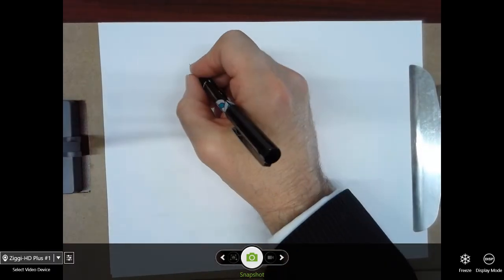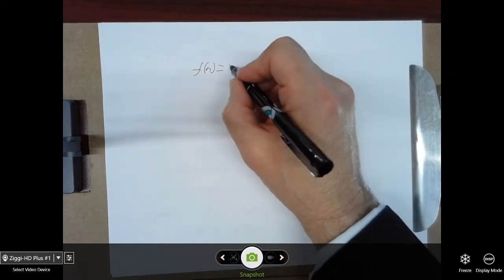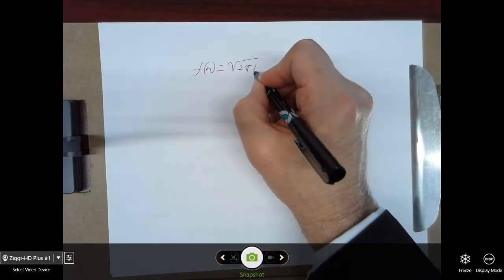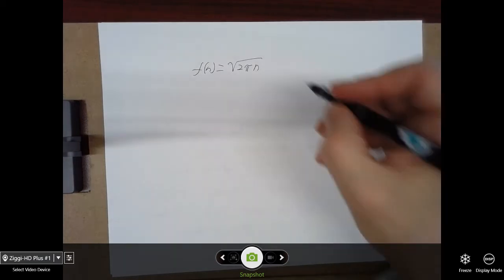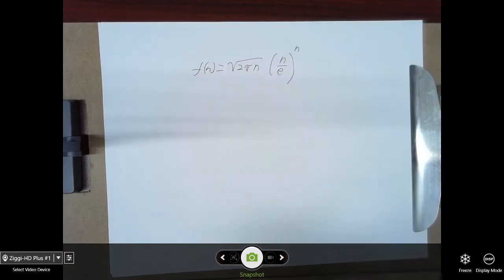Do I want to prove this? Here's a weird function. F of n takes 2 times pi times n, takes a square root, takes n divided by e, and raises it to the n.